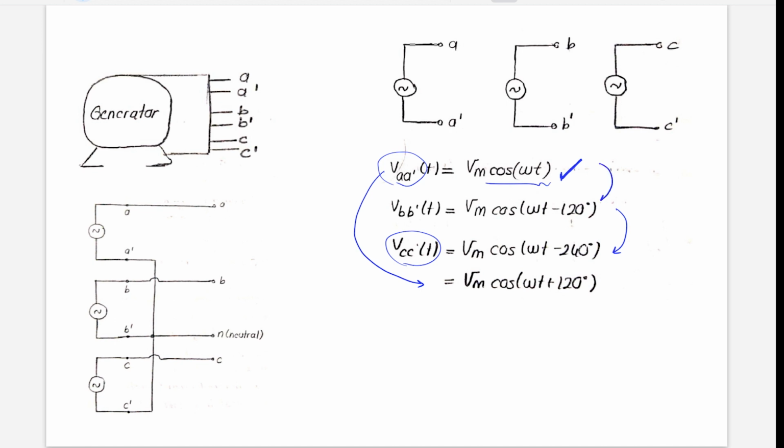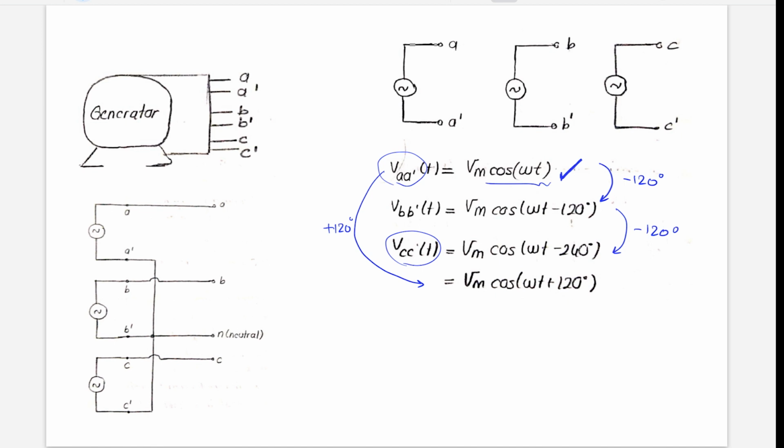So from VAA prime it will be minus 120 degrees, which is 120 degrees clockwise, and again 120 degrees clockwise from VBB prime to VCC prime. Or we can go from VAA prime to VCC prime plus 120 degrees in the counterclockwise direction, which are the same. Okay?